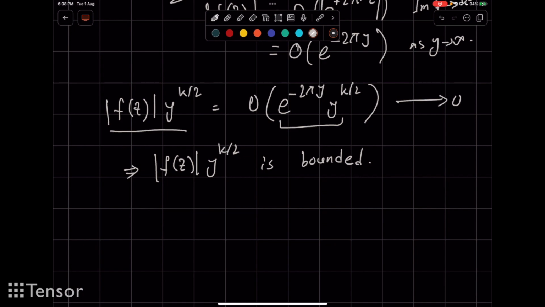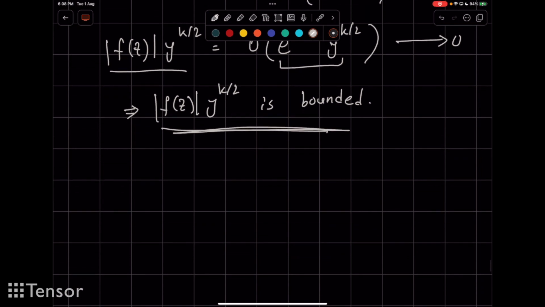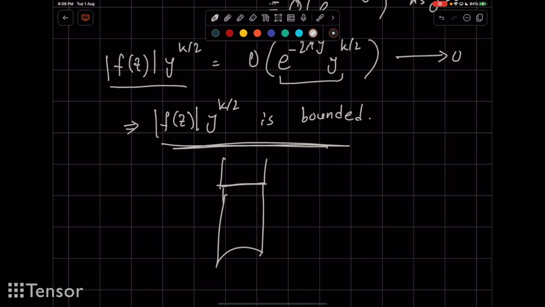Well, we have seen exactly this very result before, right? Since f is a modular form, it takes all its possible values in the fundamental domain. So there exists a bound such that after this bound, this function is bounded by 1. And before this bound, this region is compact, so this function is bounded here as well.